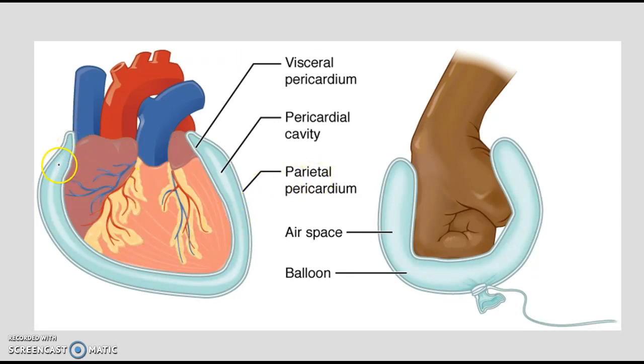This would be our serous membrane covering the heart, or the pericardium. Our visceral layer is the layer that's basically touching the organ, and then the parietal layer is the outer layer here. They often call it the balloon relationship, because if you were taking a balloon and putting your fist in like that, that's what it would create, a double layer.